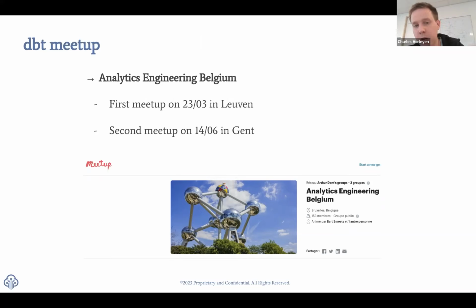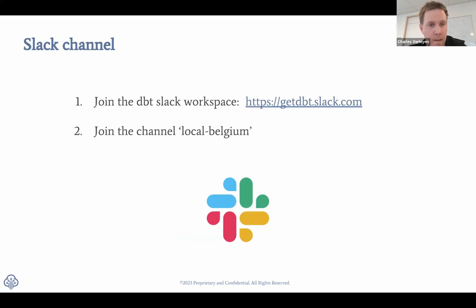I will talk about data mesh on DBT, a dedicated session on that. There will be 4 meetups per year, one per quarter, and we change city every time. I think the third one will be in Brussels, in September or October, and then we'll see after that.